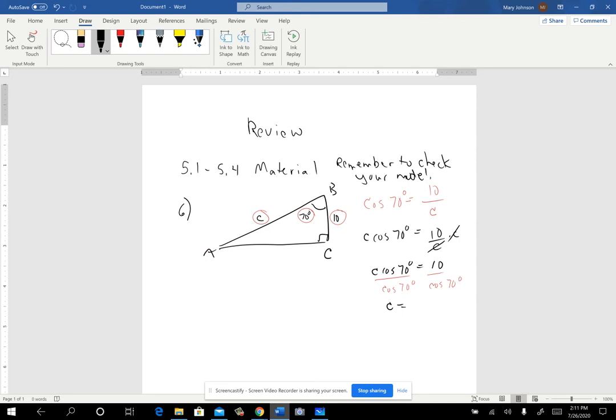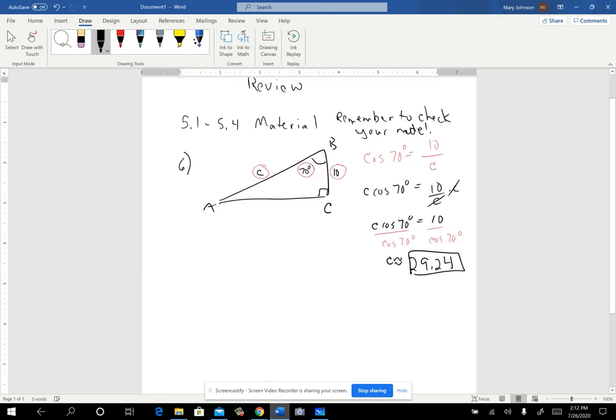So make sure you're in degree mode, especially if you haven't just been working problems. Then you're just going to do 10 divided by the cosine of 70. When I do, I wind up with C being approximately, and they said 2 decimal places, so that would be 29.24. And that's all they want on that one.